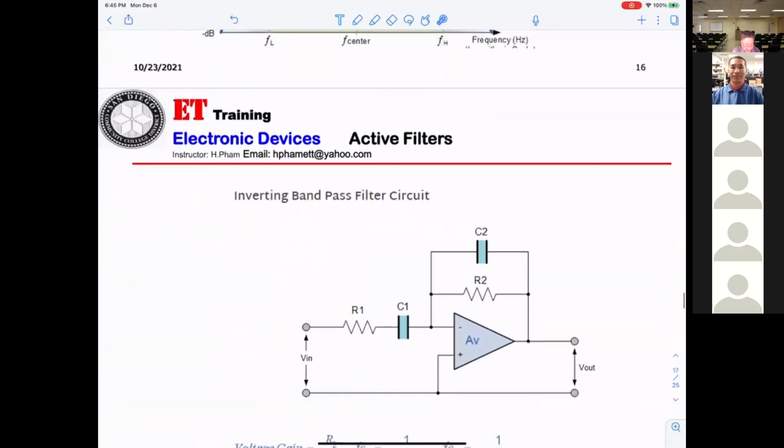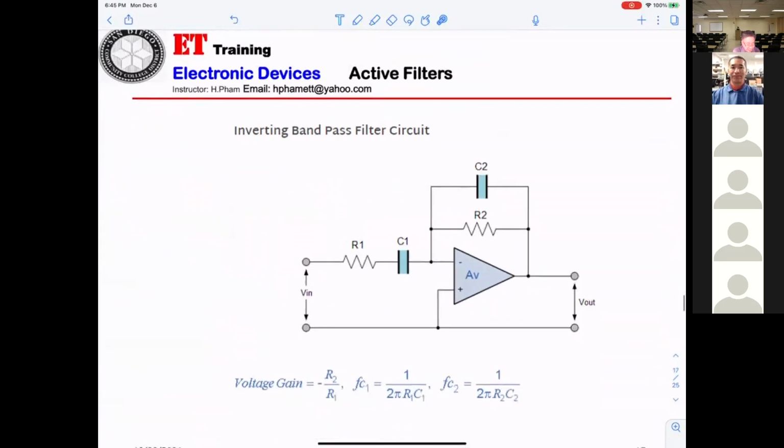Okay, let's see. This is the inverting band pass filter. That means they're using the inverting amplifier. Okay, and the voltage gain will be minus R2 divided by R1.